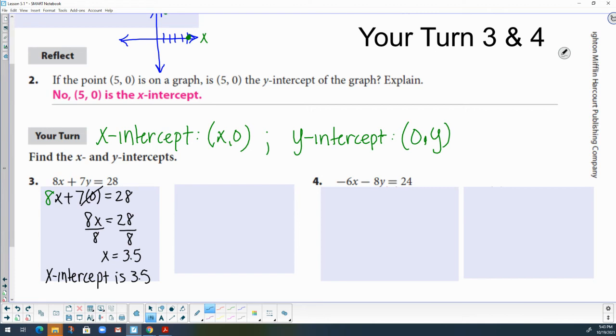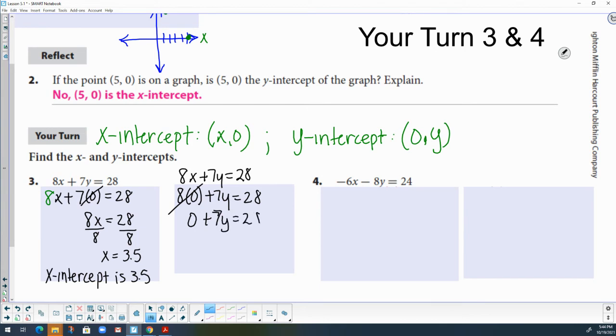Now I'm going to do my y-intercept. Same thing, I'm just going to take my same equation and substitute in 0 for x. So 8 times 0 plus 7y is equal to 28. So this is nothing now, so that's just 0. You don't have to write it, but I'm just writing it to show you.